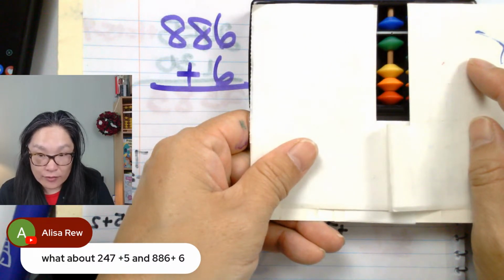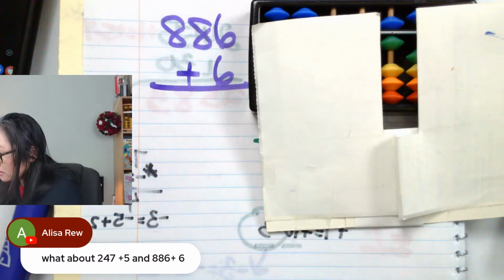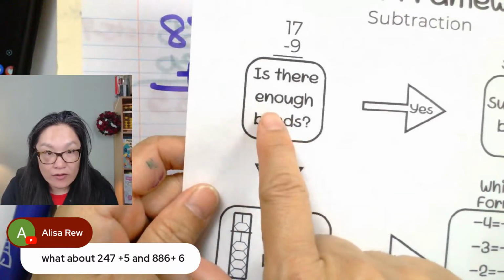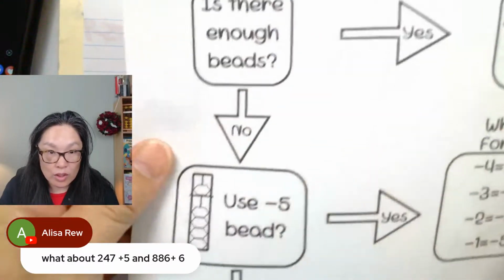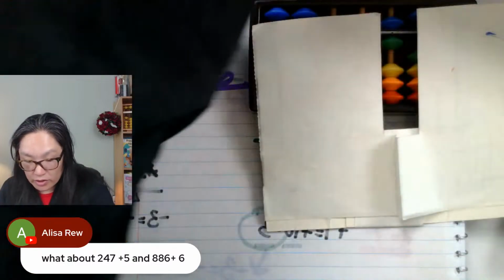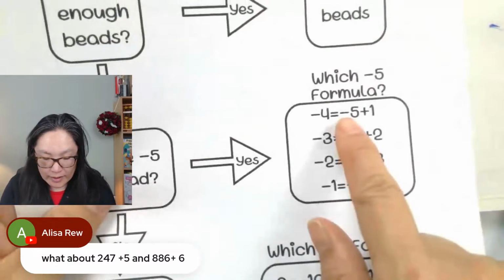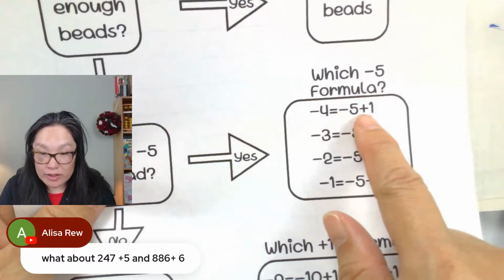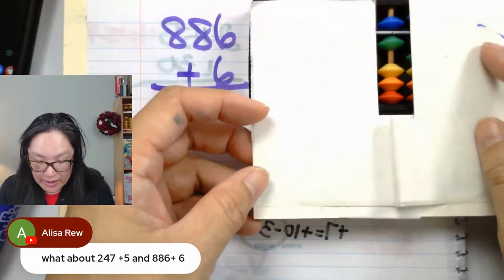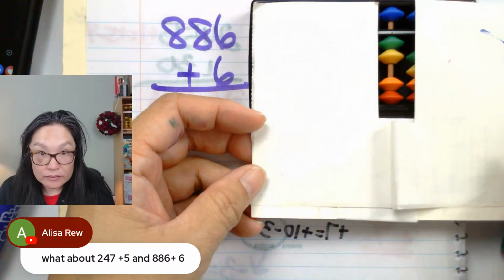minus the 4. I'm going to minus the 4. How do I know? The question is, are there enough beads to minus the 4? No. Then what do I do? I use my 5 bead. So minus the 4 is equal to minus the 5 plus the 1. So it's minus the 5 and then add the 1.